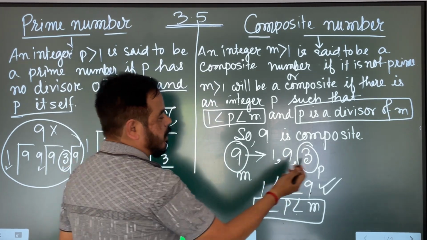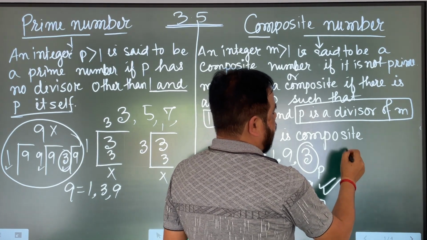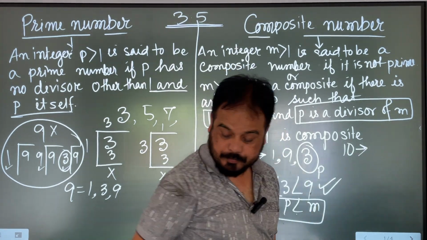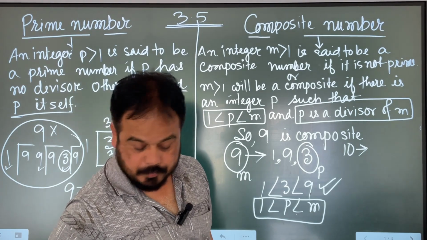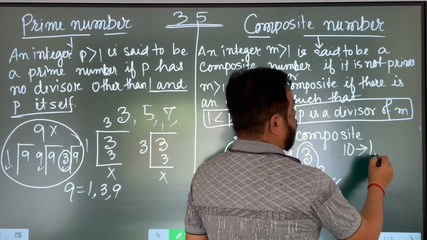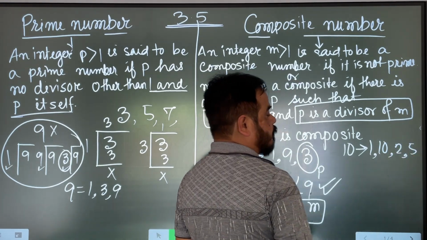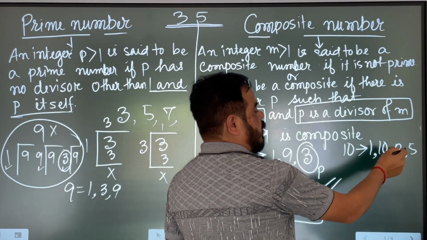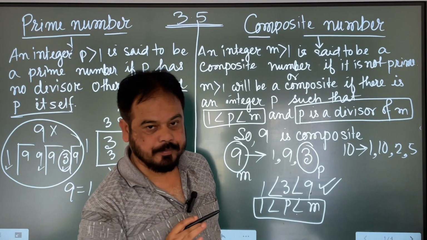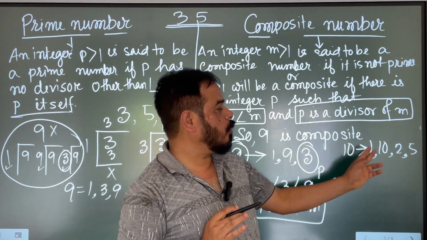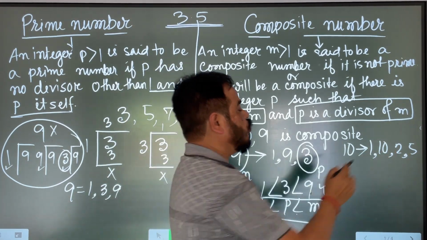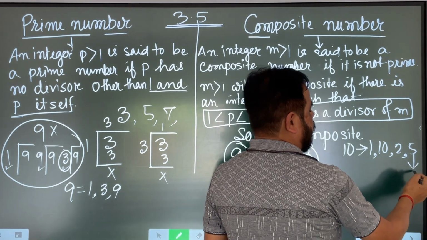Suppose 10. 1, 10, then 2, then 5. By all these numbers you can divide 10. So 10 has got 4 factors. So either 2 or 5 can be taken as p.